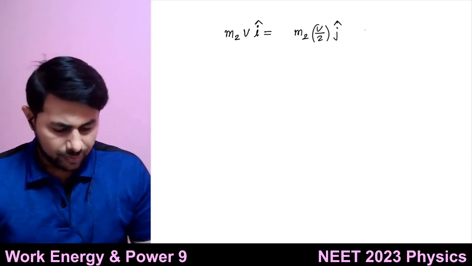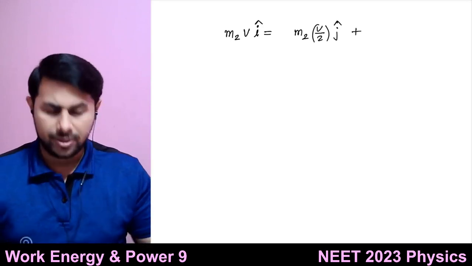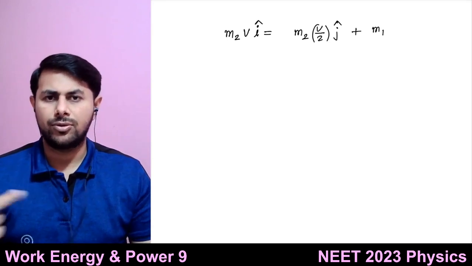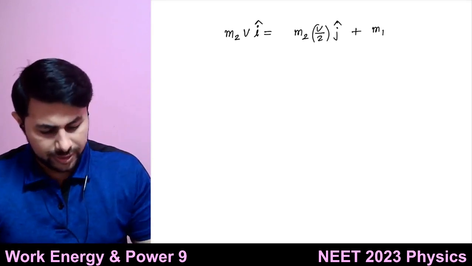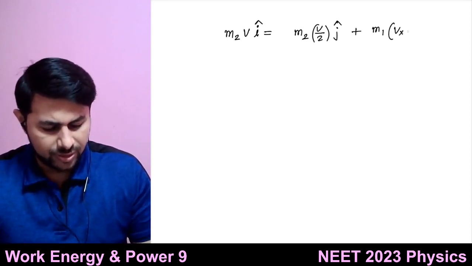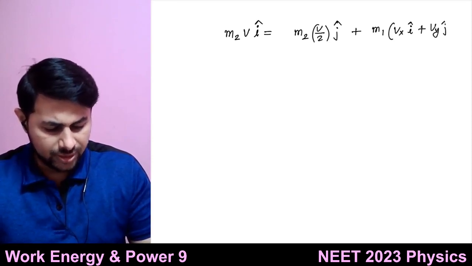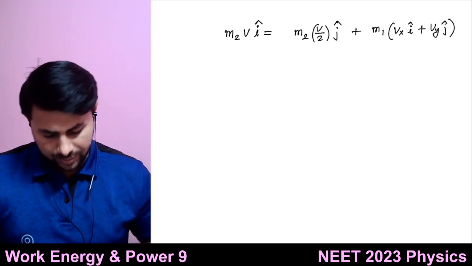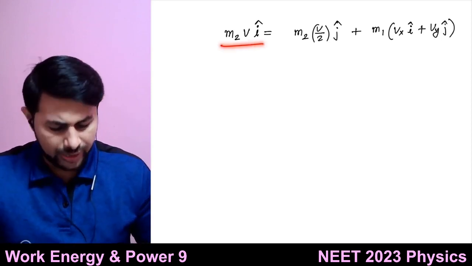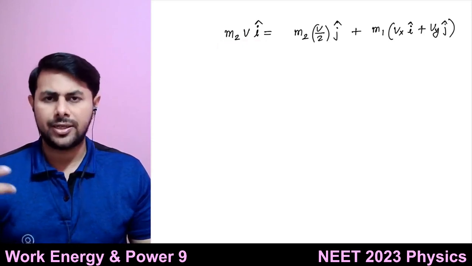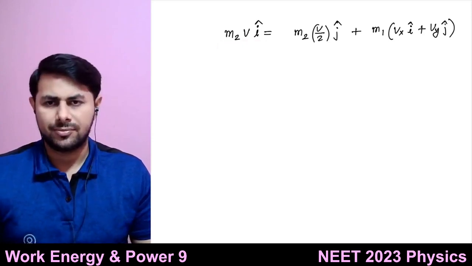There is another body whose mass is m1. It will have two components of velocity, let's call them vx and vy, so vx times i cap plus vy times j cap. Now if we compare the left hand side and right hand side, we get two equations.